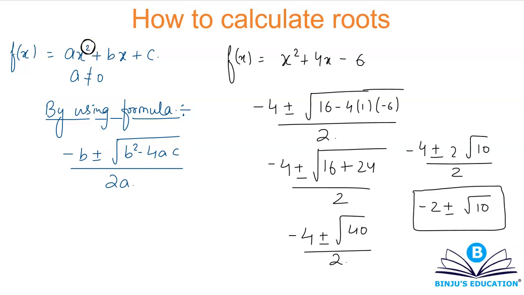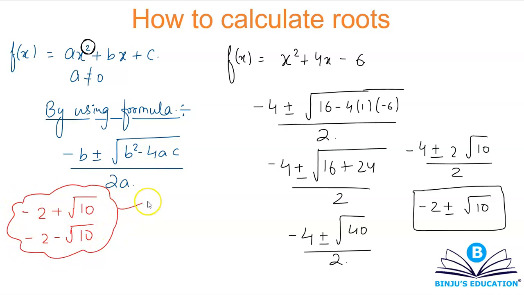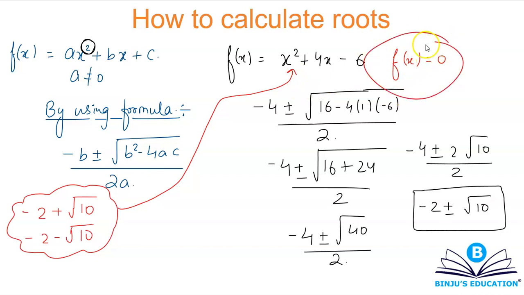What this basically means is, when you put minus 2 plus root 10 and minus 2 minus root 10 in this equation, you will get f(x) is equal to 0. This is the interpretation of the root.